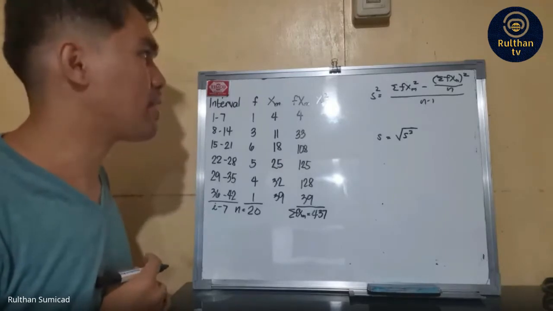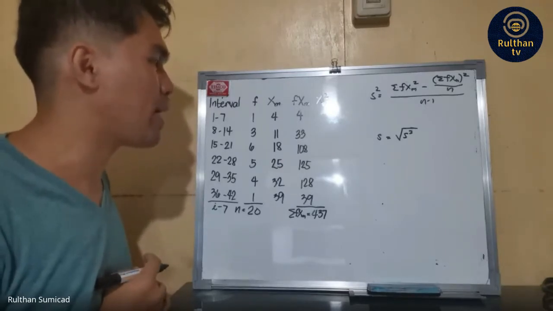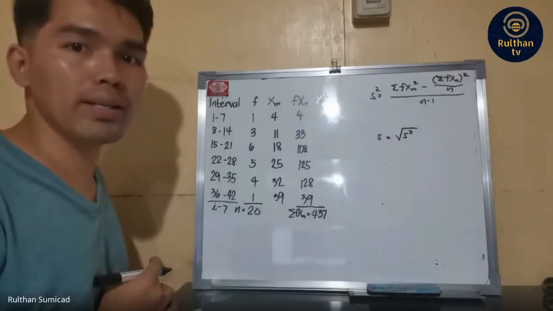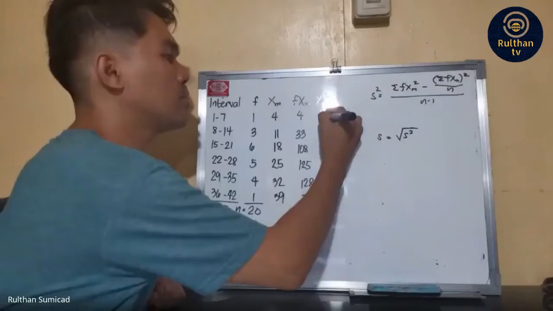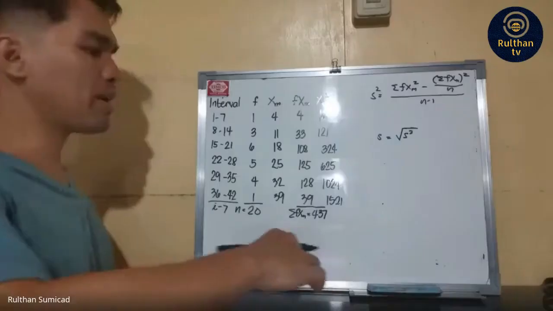X sub M squared, that is the square of the midpoint. 16, sir, then 121, 324, 625, what else? 1024 and 1521. Okay, we have this column already.